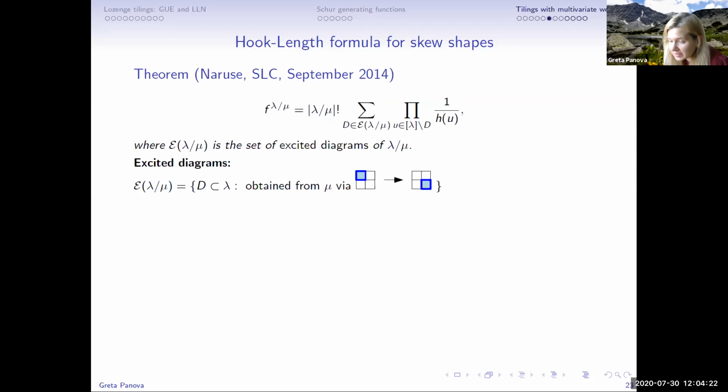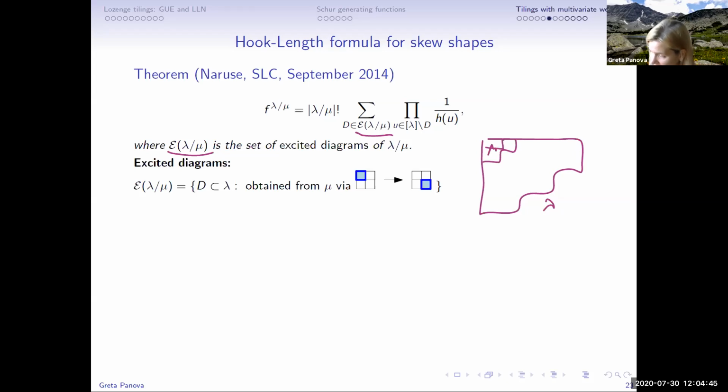What are these E of lambda over mu? These are the excited diagrams. So the idea is that we have lambda over here, we have mu over here, and we start moving the boxes of mu.